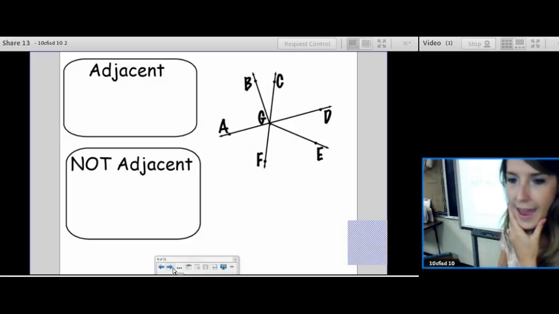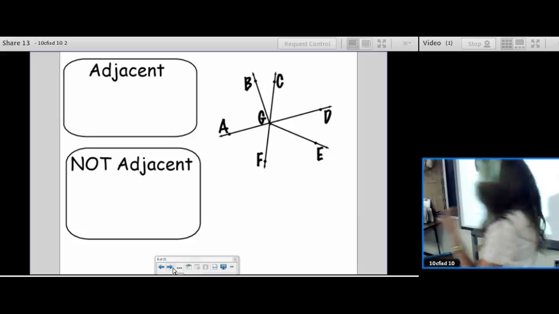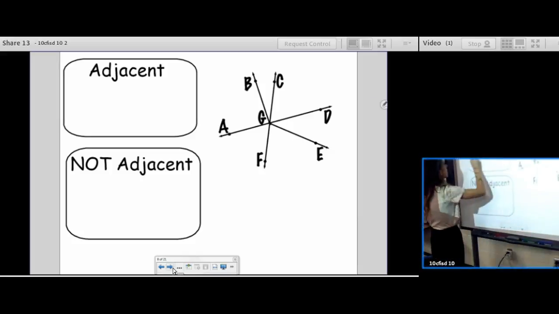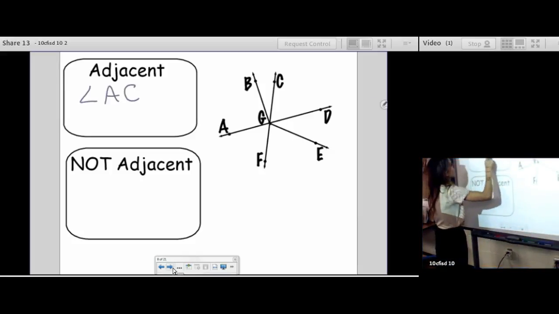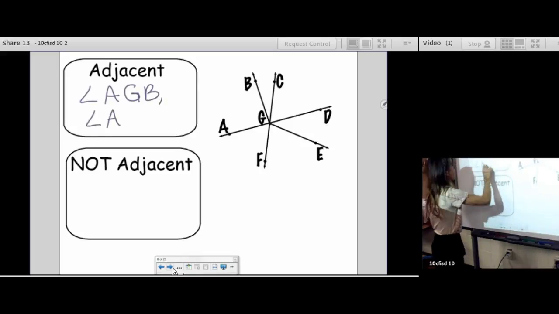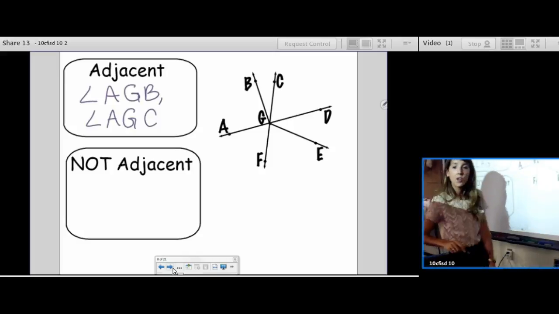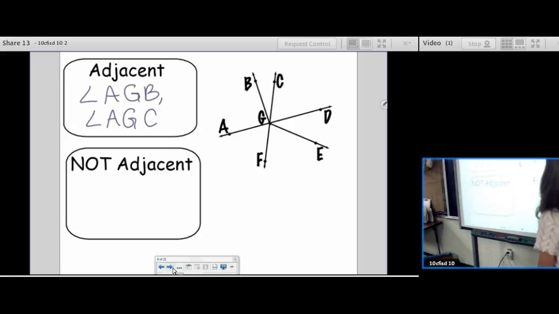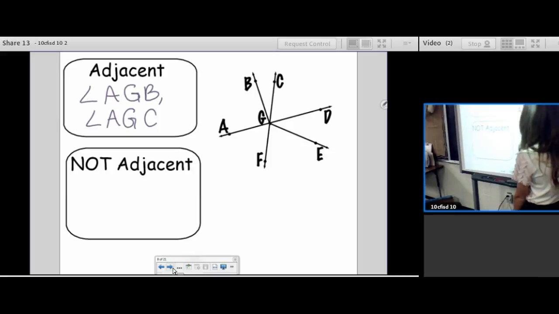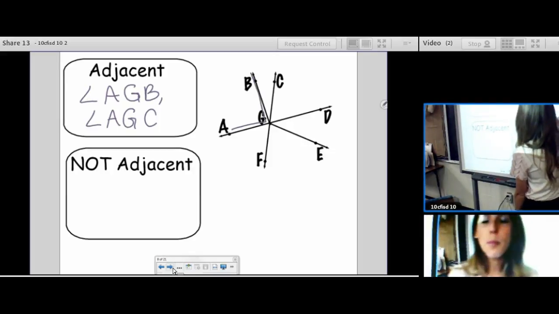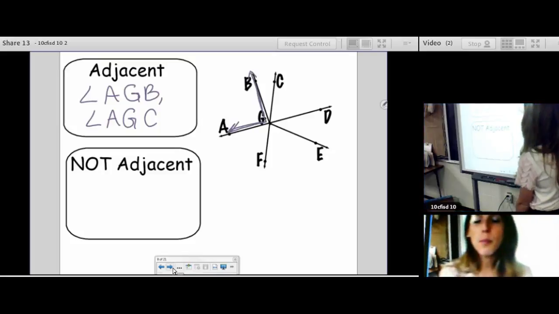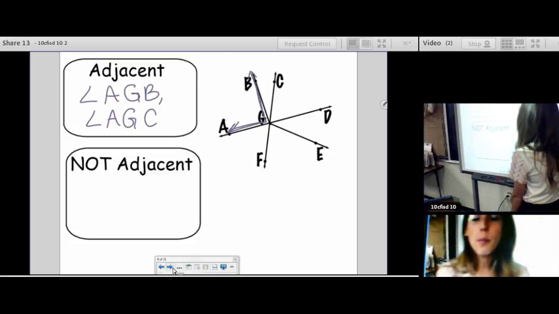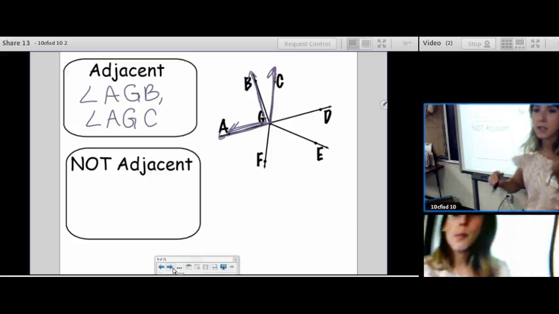All right, so we have AGB and BGC. Here's how you name an angle. So we put the angle symbol and then 3 capital letters. So you're talking about AGB. So you're saying that this angle is adjacent to, is that what you typed?